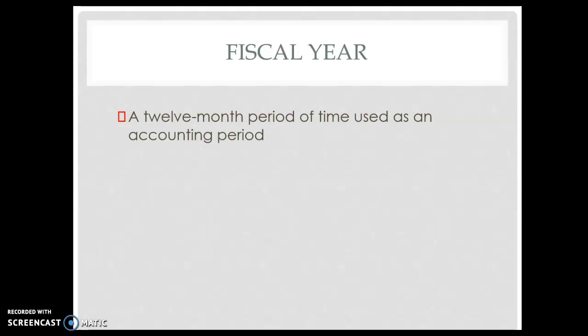If you're a sole proprietor, the IRS requires that your fiscal year is January 1st to December 31st. But if you're a corporation, then you might have a fiscal year that goes from June 1st to May 31st, and that's your fiscal bookkeeping year. So that would be okay.